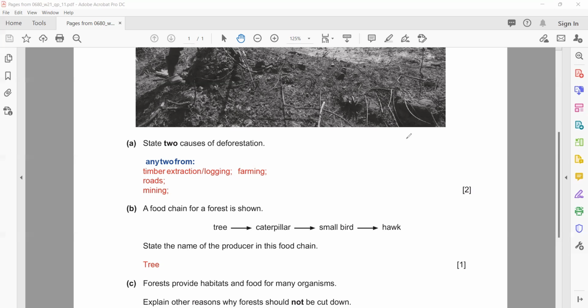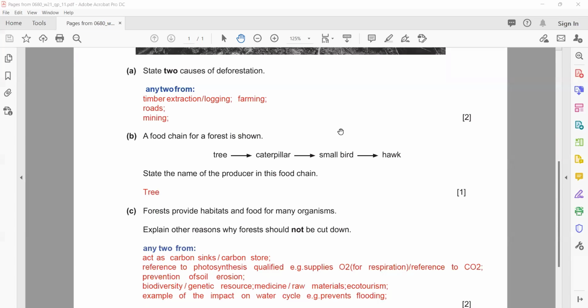Other reason. Okay. Site pollution. Pollution, okay, the carbon dioxide, that one you can say. I said site pollution. Good, yes, for the scenery, that is fine. Then the soil erosion, they also stop the soil erosion.